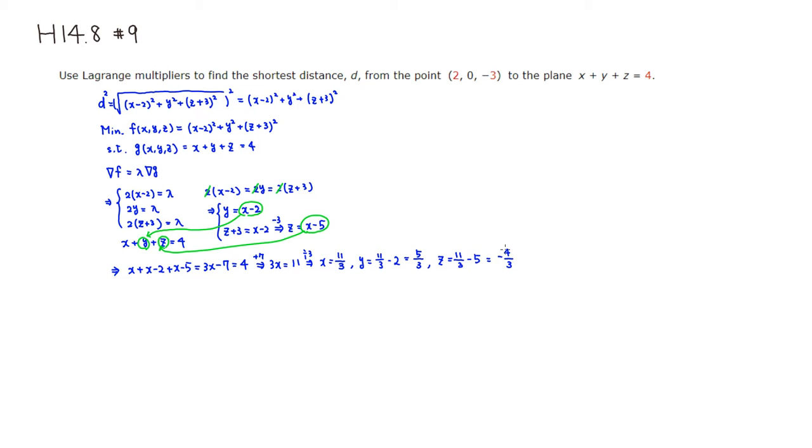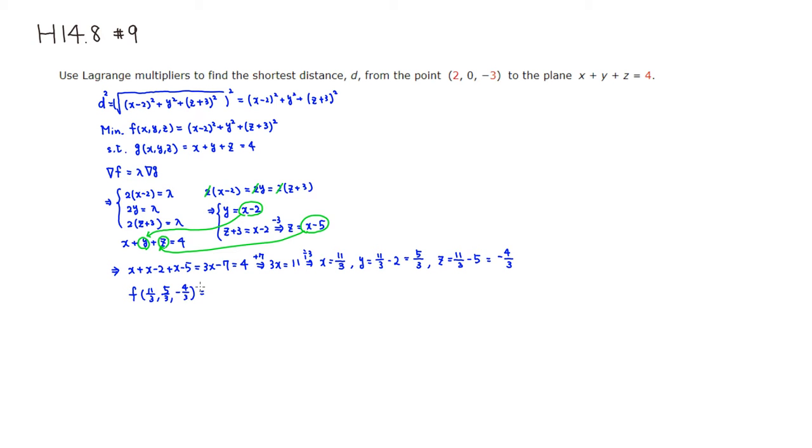Now we want to find f. Here, x is 11 over 3, y is 5 over 3, and z is negative 4 over 3.